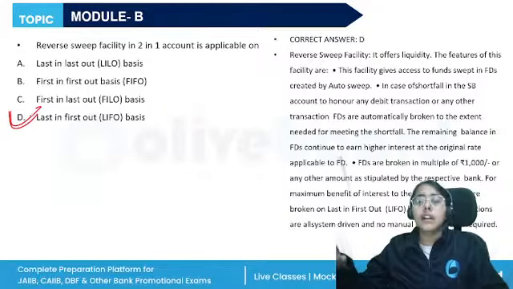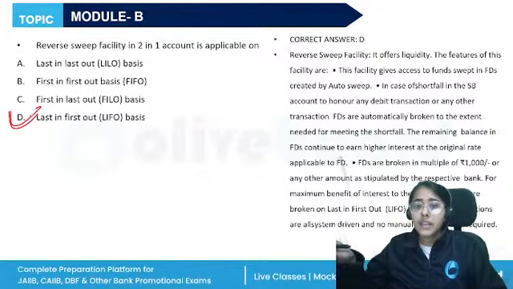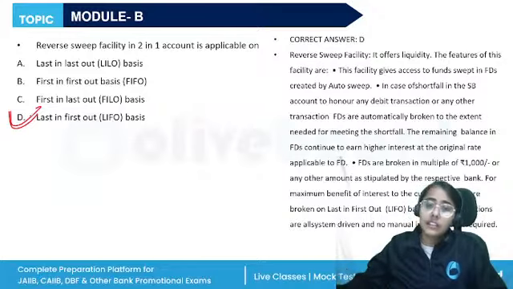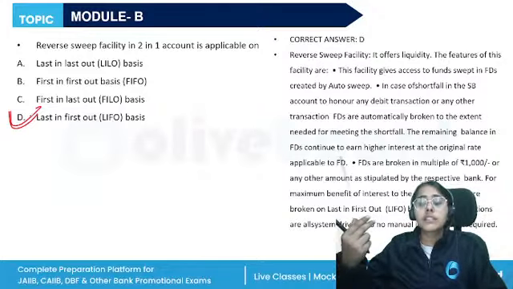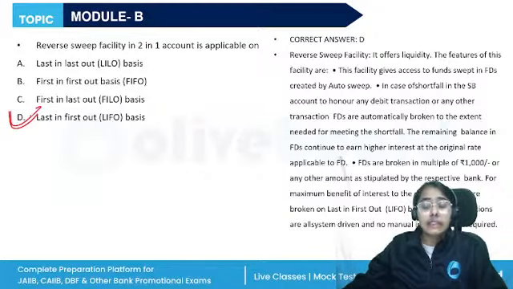So the two-in-one account is a combination of the savings bank and the fixed deposit, right? If there is any deficiency in the savings account and the customer has to pay any bills or make a payment, they can use the excess amount which is kept in the FD. Or if there is excess amount in the savings account, it can be transferred to the fixed deposit, and the balance transferred will earn the higher interest applicable on the fixed deposit.